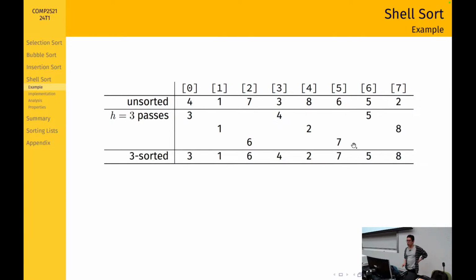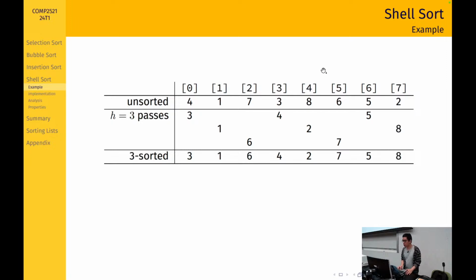The way we actually H sort the array is by using insertion sort, but we compare each element to the element which is H indices away, instead of adjacent elements. So we would take this group of elements, 4, 3, 5, and perform insertion sort on that group.